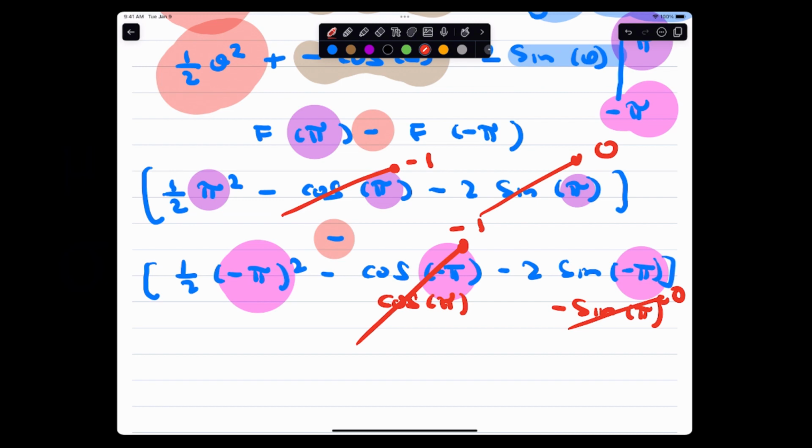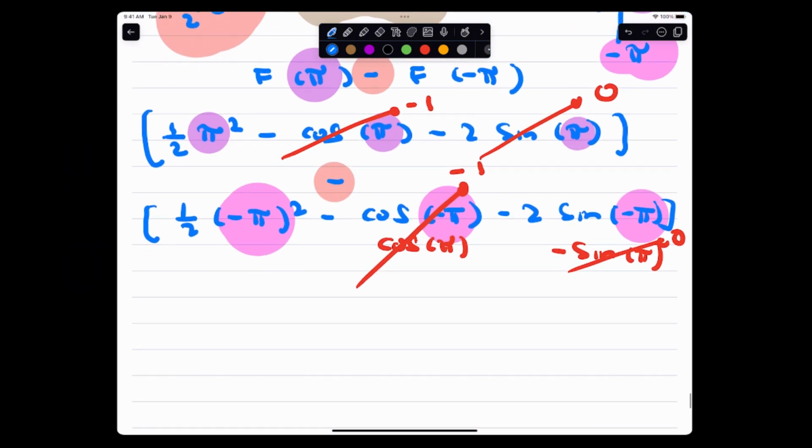Anyway. 1/2 pi squared minus a -1. And that portion, -2 times 0 is 0, so I'm just not even going to write it down. And then minus 1/2 negative pi squared is going to be just what? Pi squared.